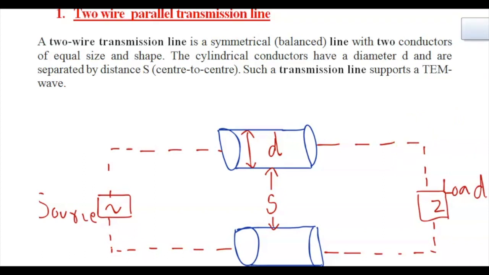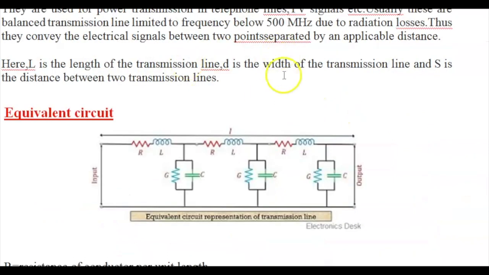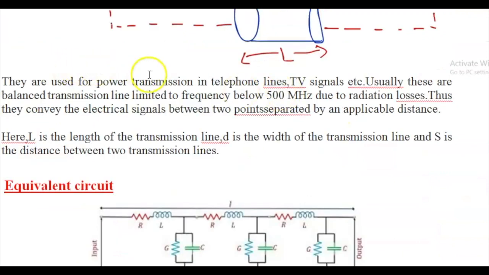Transmission line always supports the TEM wave. Okay, and here they are mainly used for power transmission in telephone lines, TV signals, etc.